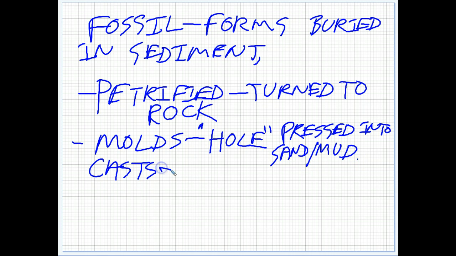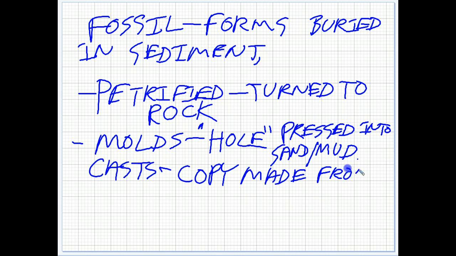Now, you may have, as a child, found an animal track and poured plaster of Paris in it. A cast is a copy made from a mold. So it's got the shape of the original organism, but it's not the original organism. It's some sort of mud that got into the hole that was left by the mold.